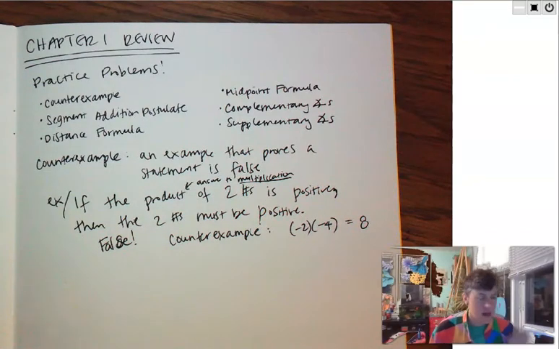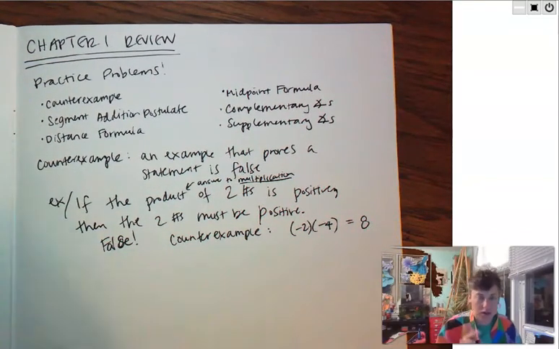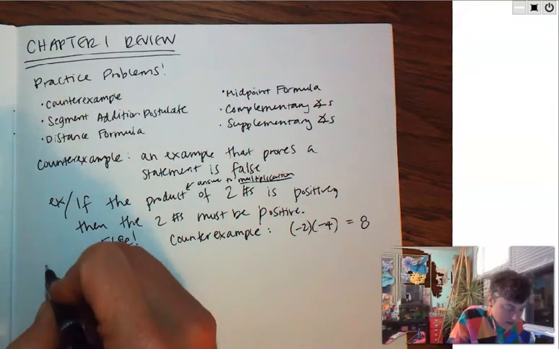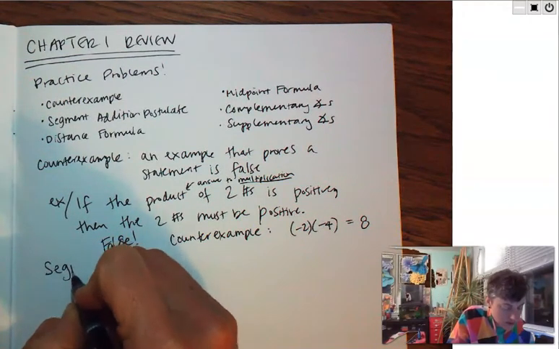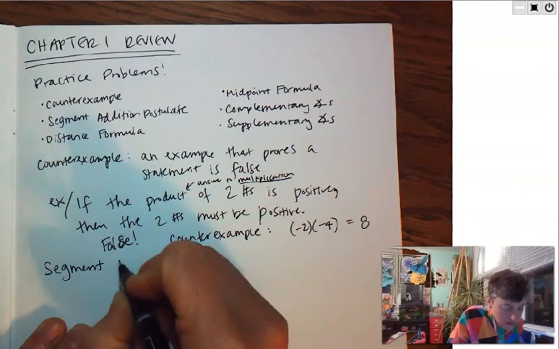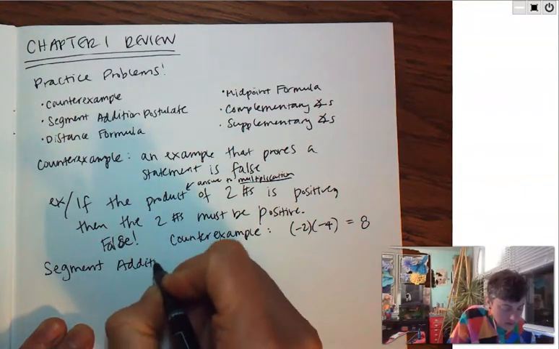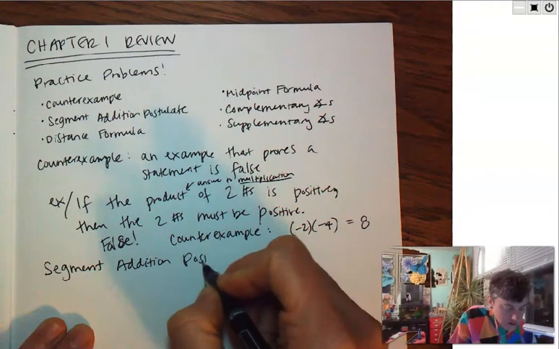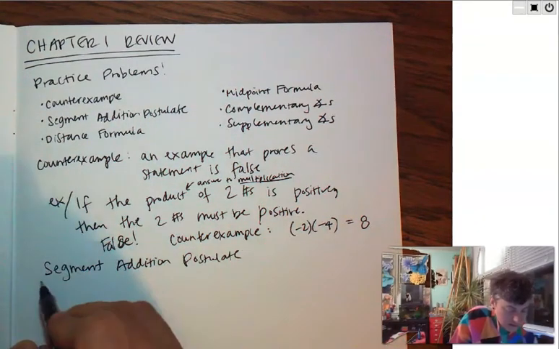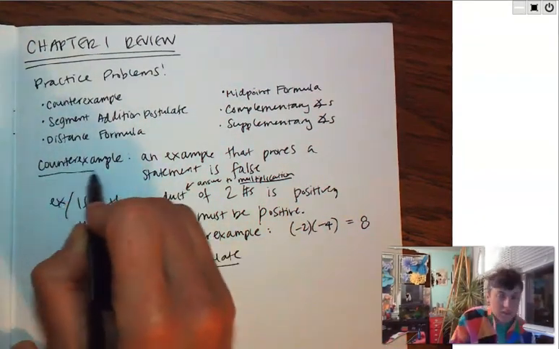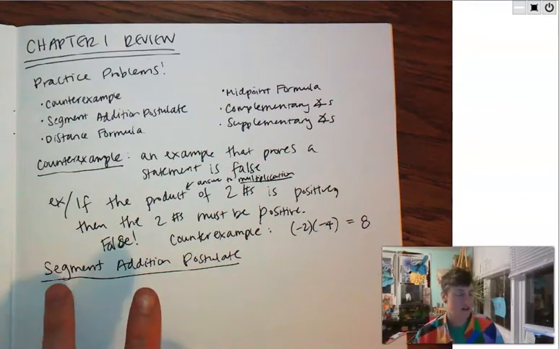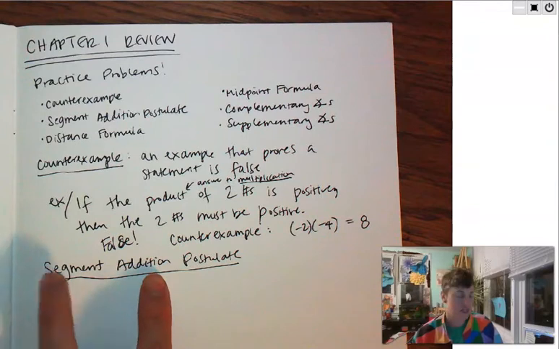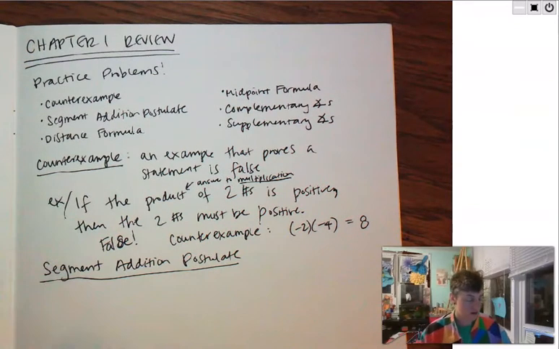All right, the segment addition postulate, which was your secret bonus question. I had at least one scholar complete that secret bonus question from the last video. Now let's give these guys some lines. The segment addition postulate says we could add two segments together and get a third longer segment.